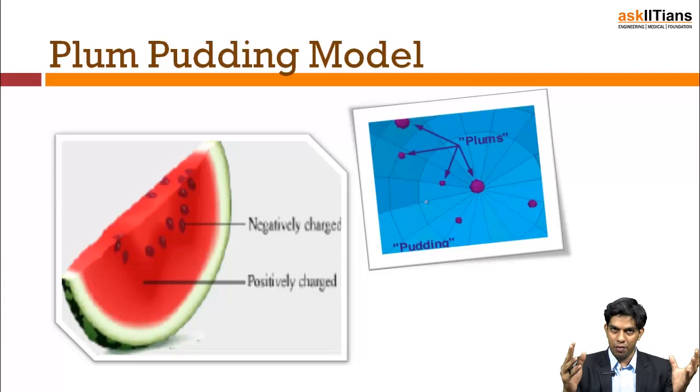The positive charge is uniformly distributed, and there are discrete spaces where the negative charges are. Just like in the case of watermelon, the negatively charged parts can be thought of as seeds, whereas the edible red portion of the watermelon is positively charged. So that's the Plum-Pudding model which J.J. Thomson came up with.